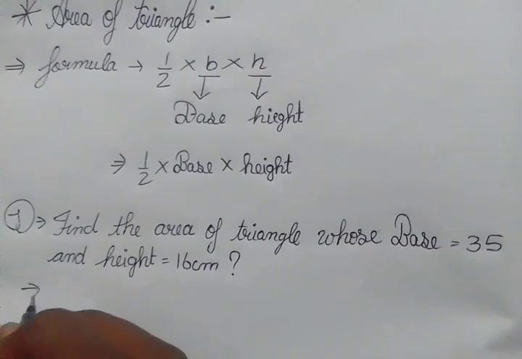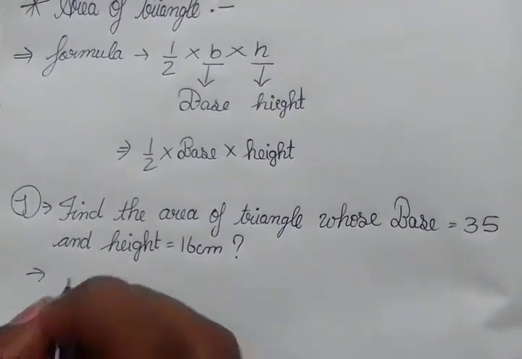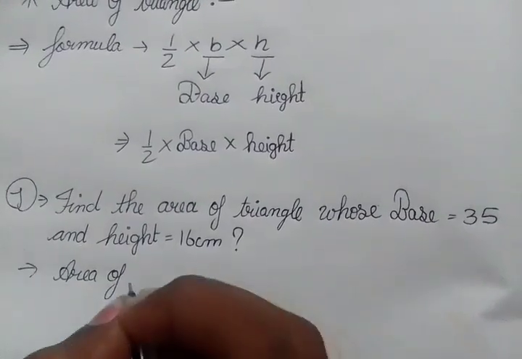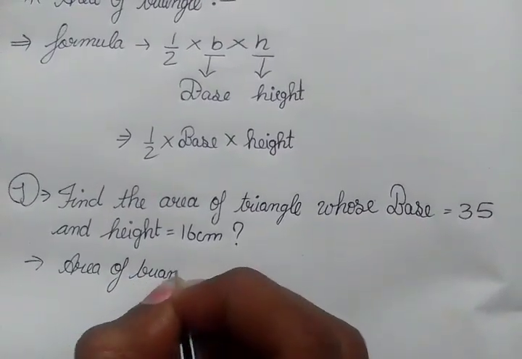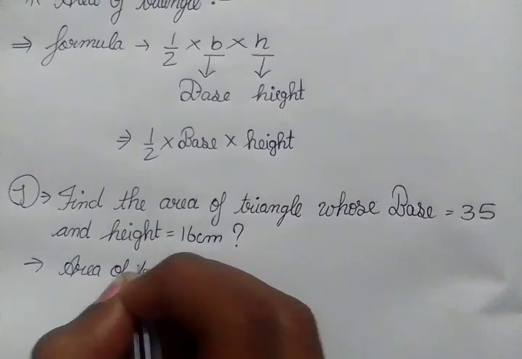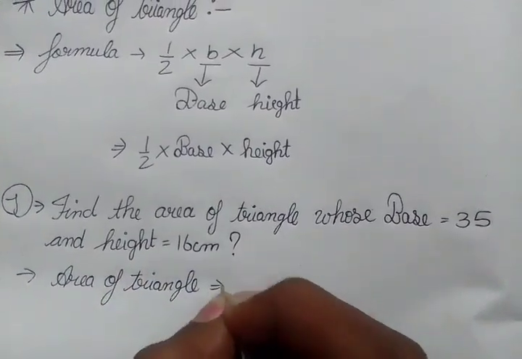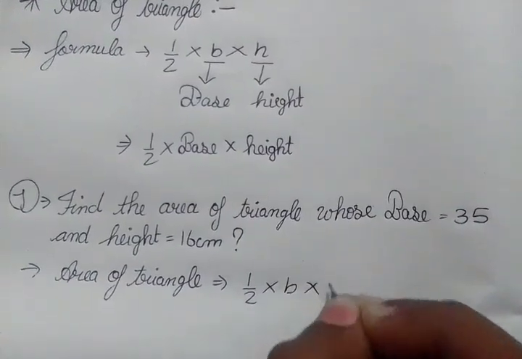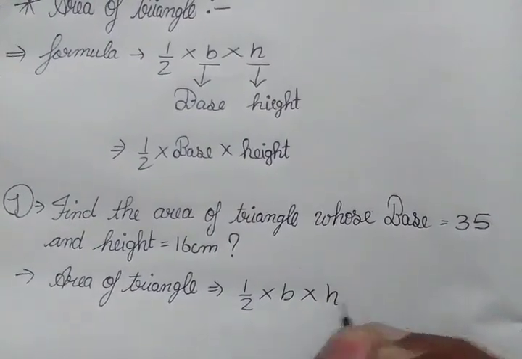So first we will write the formula of triangle. Area of triangle equal 1 by 2 into base into height.